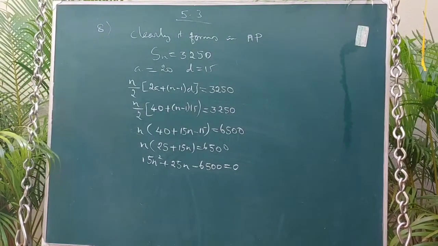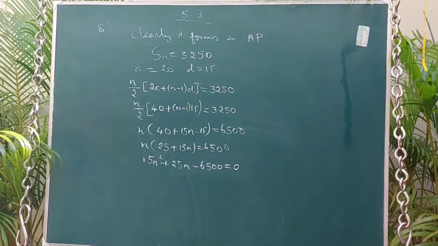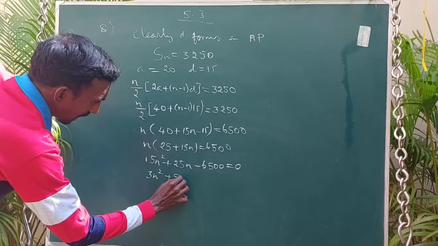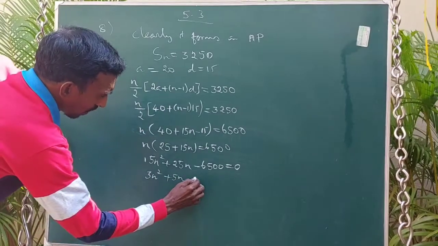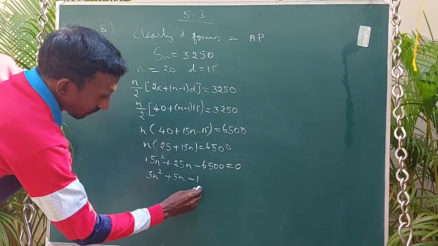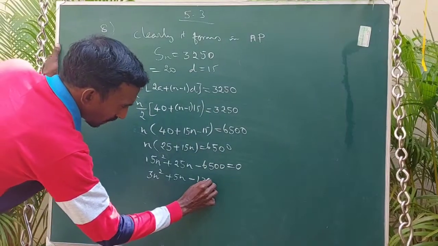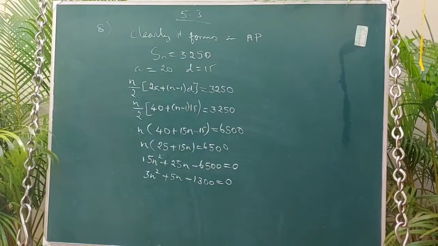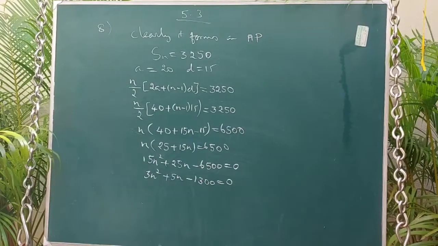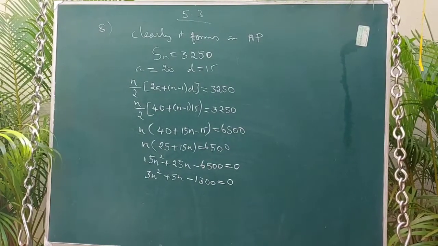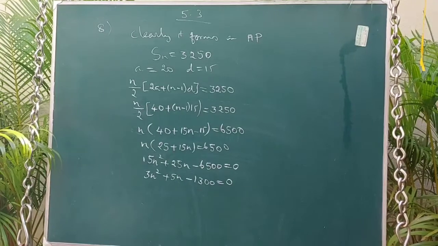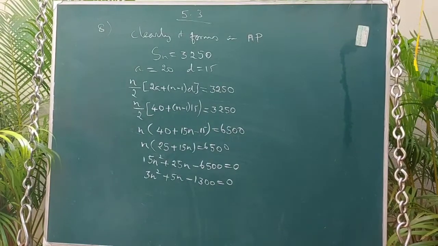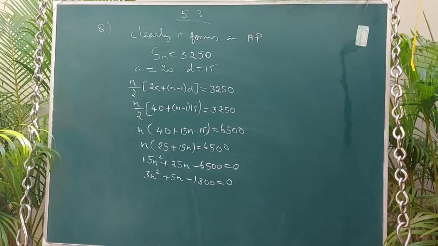It is divisible by 5, so we can divide it by 5: 3n² + 5n − 1300 = 0. Now look here, the product is −3900, that is 3 into −1300, and the sum is +5.